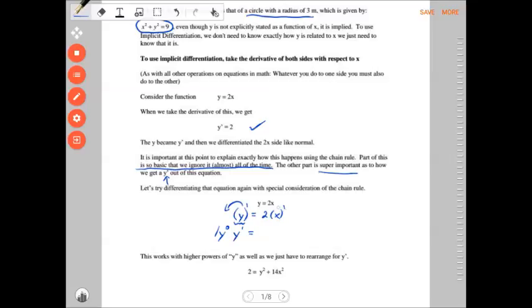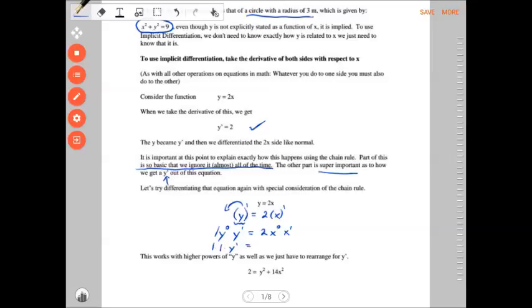We're going to do that same thing here, so 1 times 2, so that's 2, x to the 0, and then x prime. The derivative of x is x prime. Now, here, y to the 0 is just 1, so this is 1 times y prime.